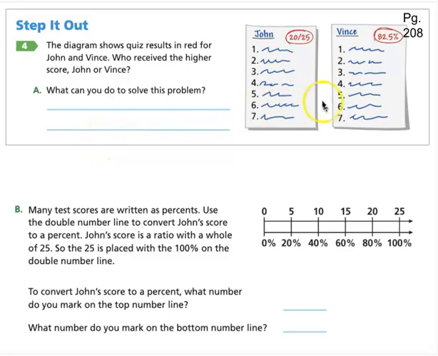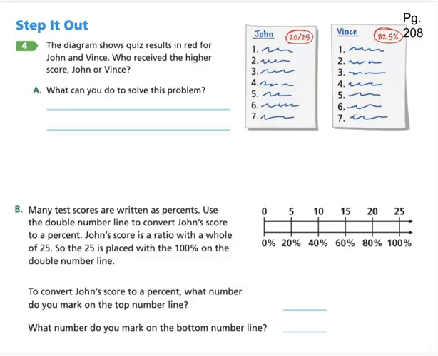Now, you do this all the time because you need to figure out what you have out of 100 for it to be a percent. So what we can do is we can use this double number line. I don't prefer this method, but I'm going to show it to you in case you see it.